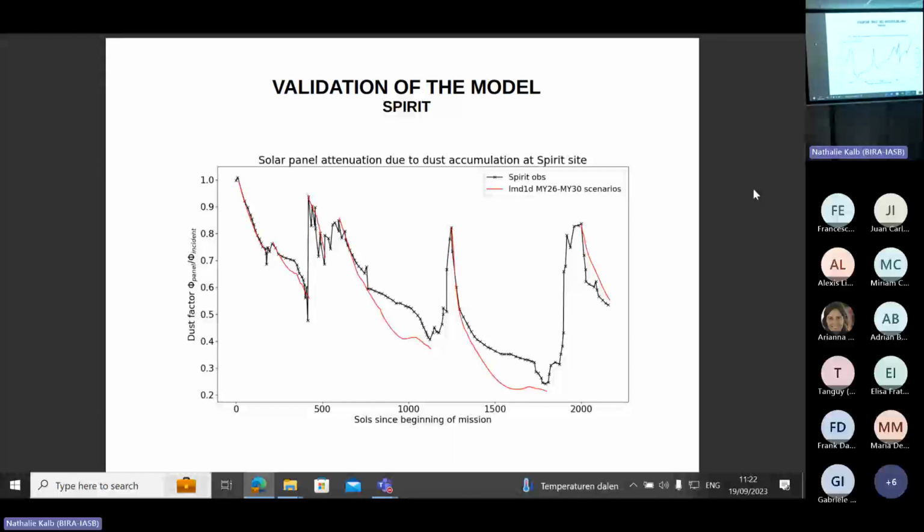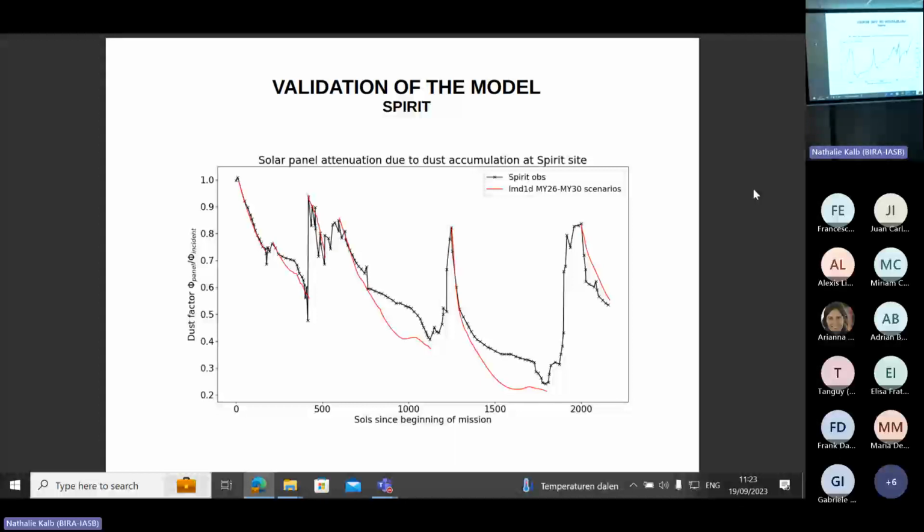And so here, in red, still the model, and in black, the observation. What we see is that we have several dust cleaning events. And as I said before, the model doesn't simulate the dust cleaning events. So you have to relaunch a new simulation each time and put in numerically the amount of dust that corresponds to the right dust factor at the beginning of the simulation.